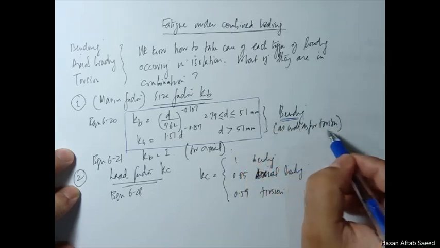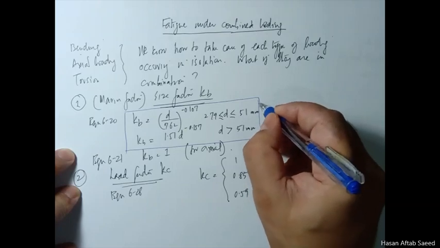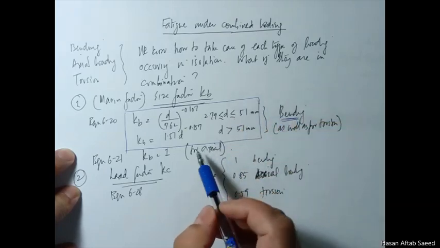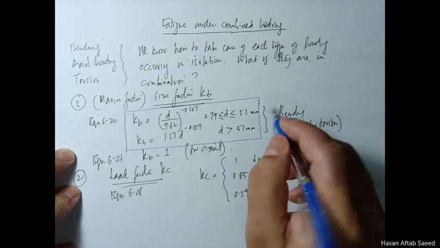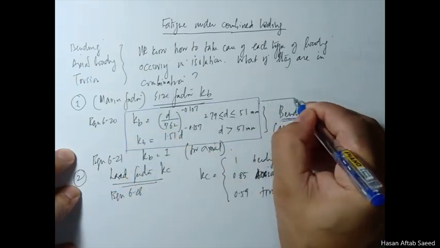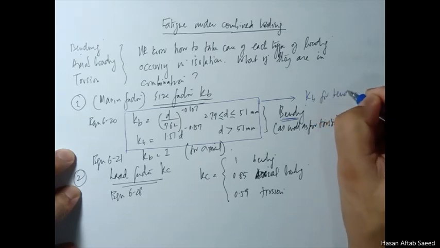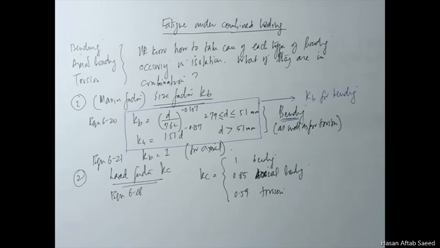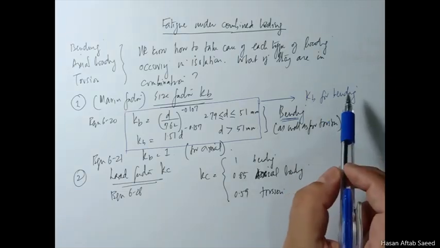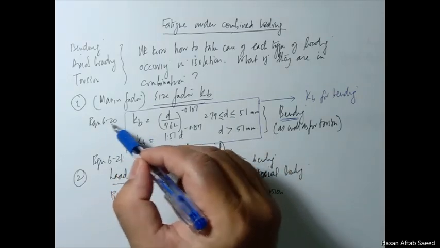So this is our solution for the first problem. Obviously we are going to deal with the axial thing later on, but as far as KB is concerned, we use KB for bending as if there is no axial loading there. And I'm again repeating that KB for bending is the same as KB for torsion, because equation 620 is for both of them.